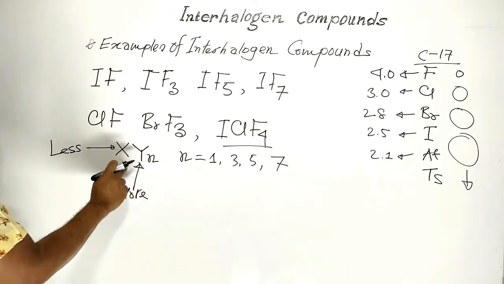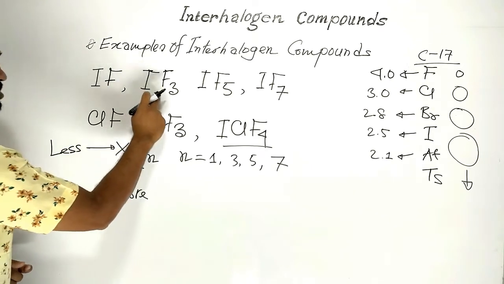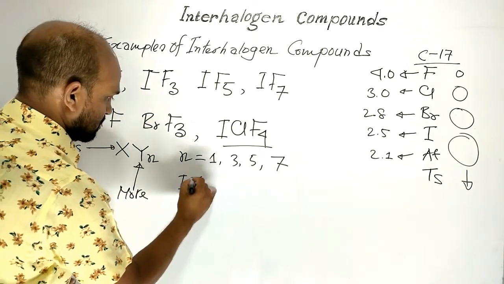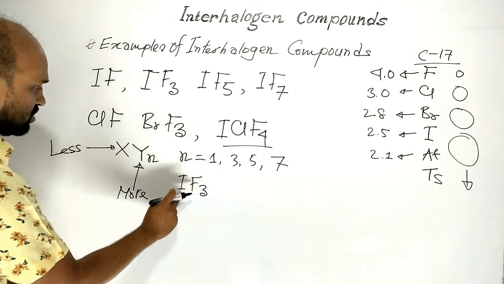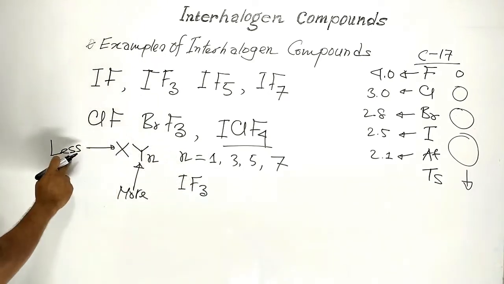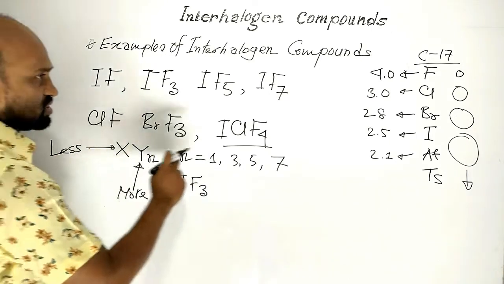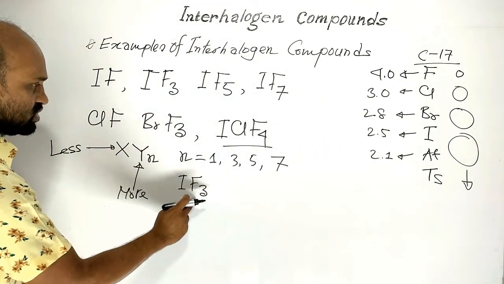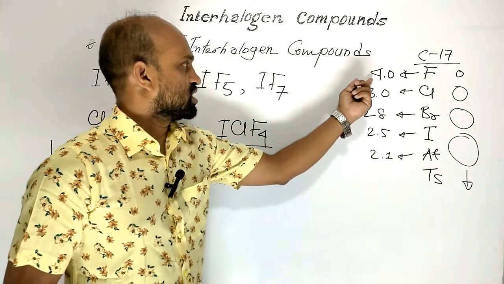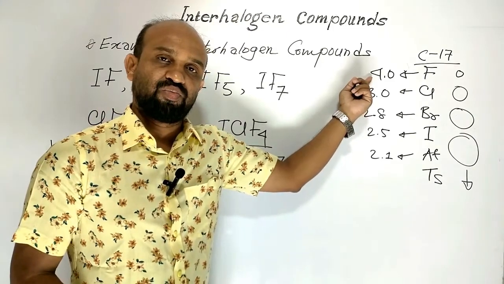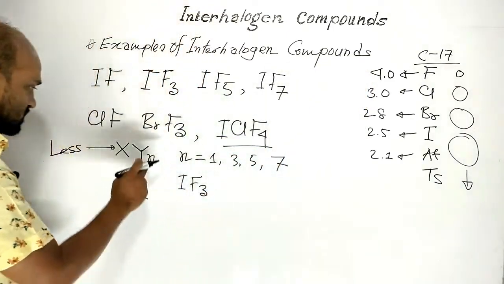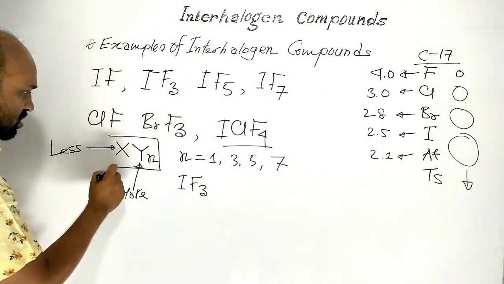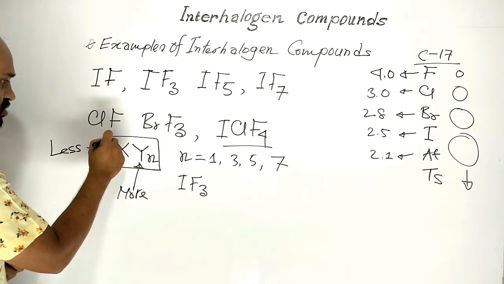For example, iodine trifluoride. Iodine, which is less electronegative atom, that is 2.5, and fluorine, which is more electronegative atom, that is 4.0. So this is the general formula of interhalogen compounds.